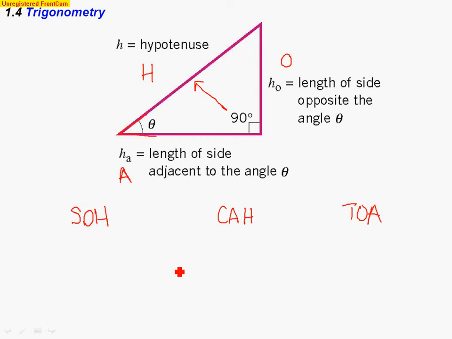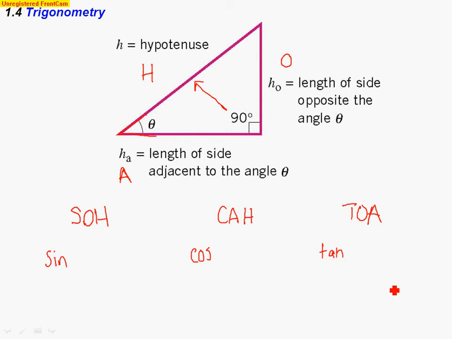This is just a little device for helping you to remember the trigonometric equations associated with the right triangle. The first letter in each of these stands for a trigonometric function. S stands for sine, C stands for cosine, and T stands for tangent.